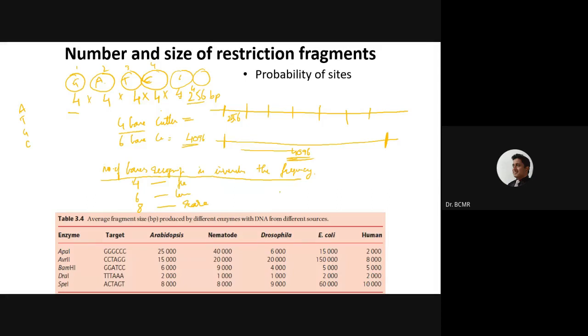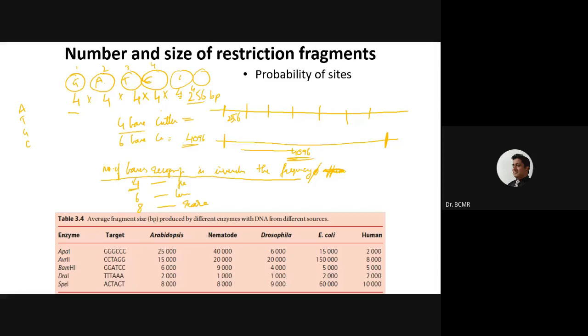And you can also, if you want, add the length of the fragment size, approximate. It is directly proportional, and the frequency is inversely proportional, right?